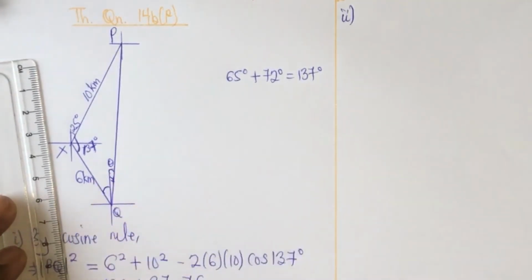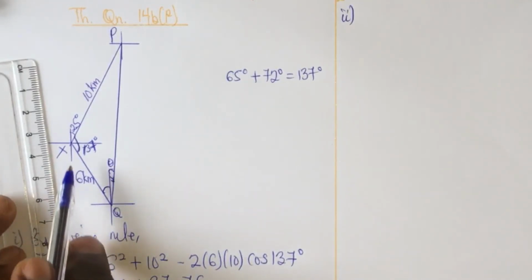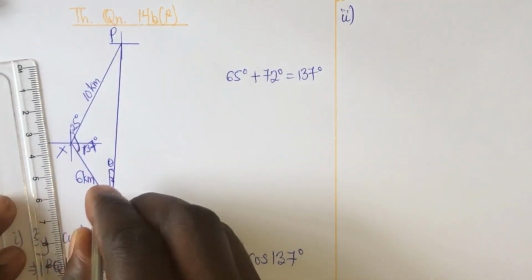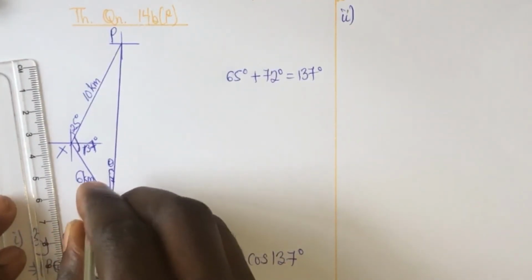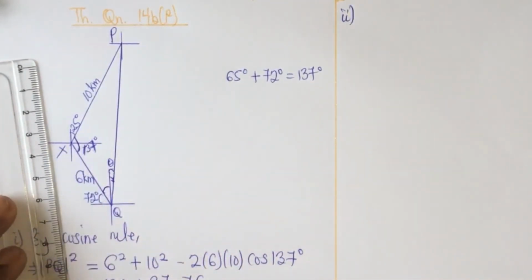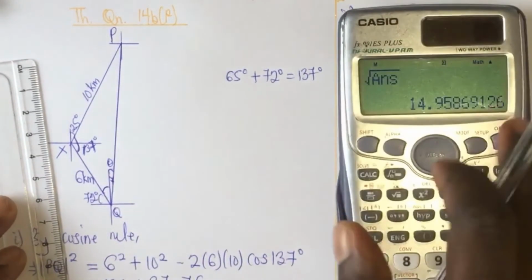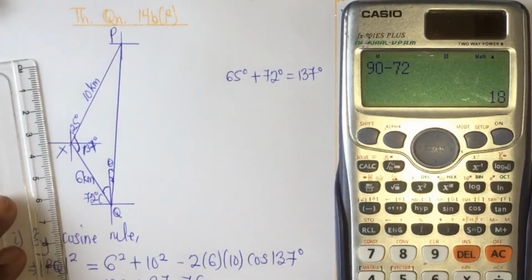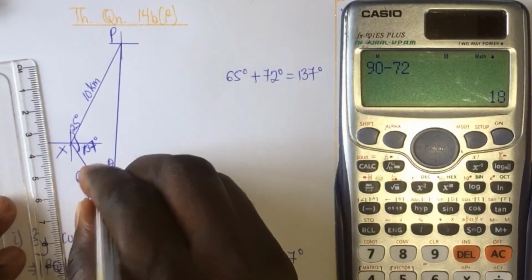All right, we know that the angle here is 72 degrees. So if that one is 72 degrees, then here is 72 degrees as well, because they are alternate angles, the Z shape. So if here is 72 degrees, what will be this angle? You have to subtract 72 from 90, and that gives a value of 18 degrees.